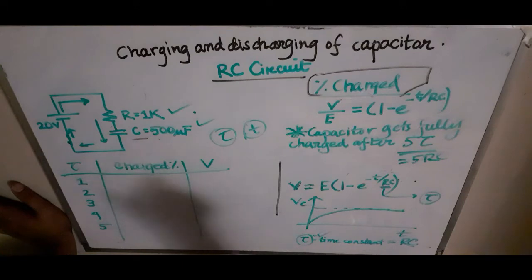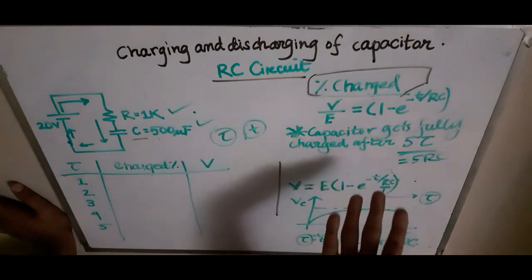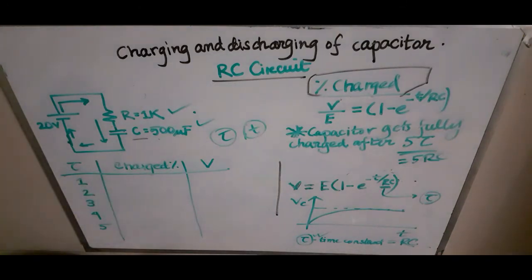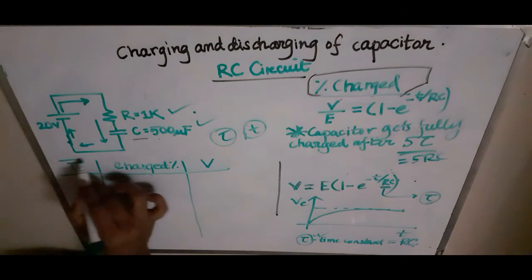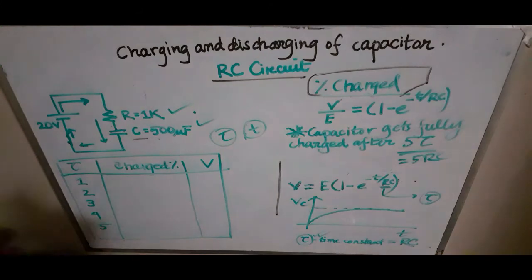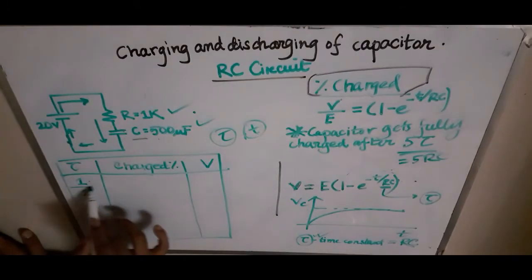Or maybe the question may be, after 2 time constants, by what percentage the capacitor is charged. The question might be like this. So let me write this down here. I have made a table over here. As you can see, we have 1 time constant, 1 tau, 2 tau, 3 tau, 4 tau, and so on, right?